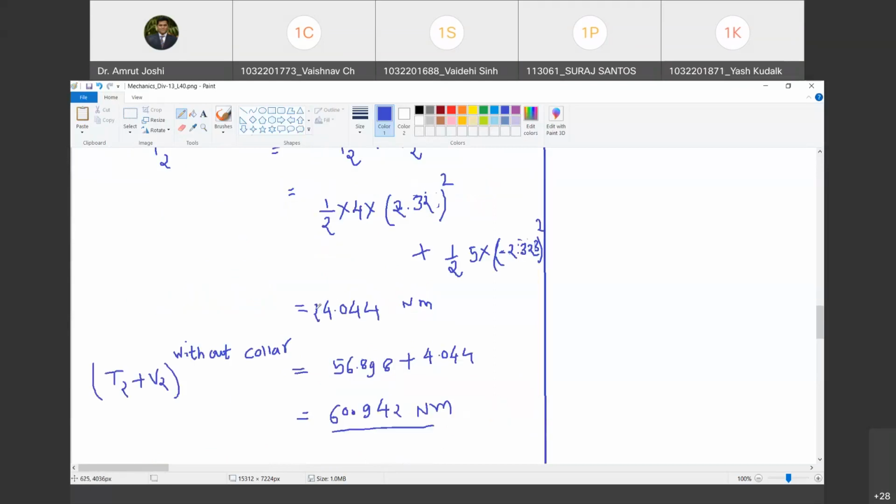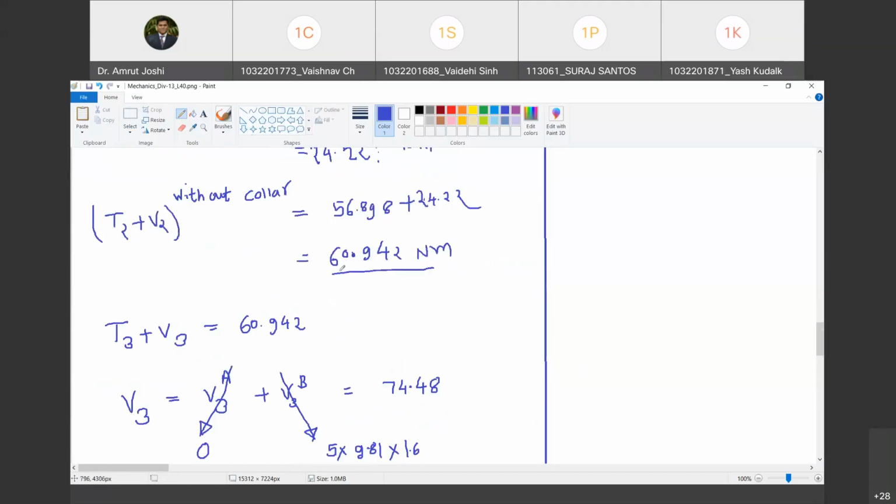Just cross verify. I got it as 24.22. Yes, sir. So then once this becomes 24.22, this quantity also will change. So 56.898 plus 24.22 turns out to be 81.118. Am I right?